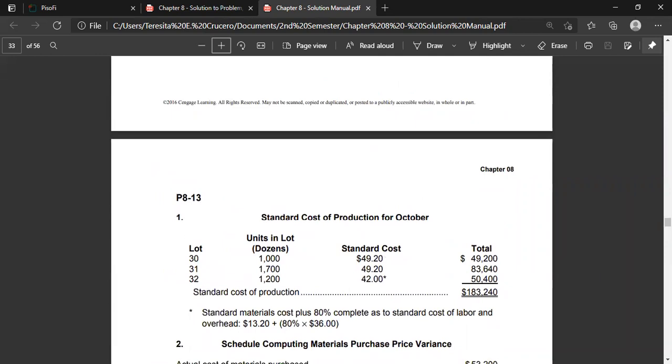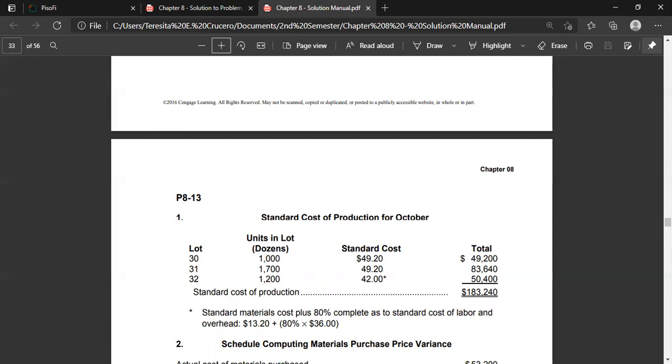The standard cost of production for October is given in the standard cost summary: direct materials 24 yards at 0.55, direct labor 3 hours at 10, and factory overhead 3 hours times 2.